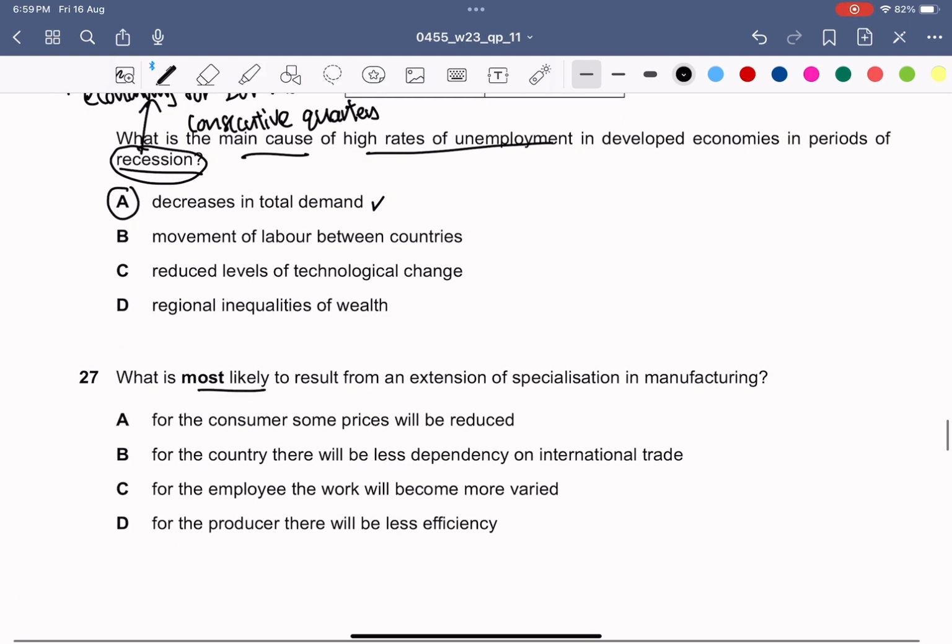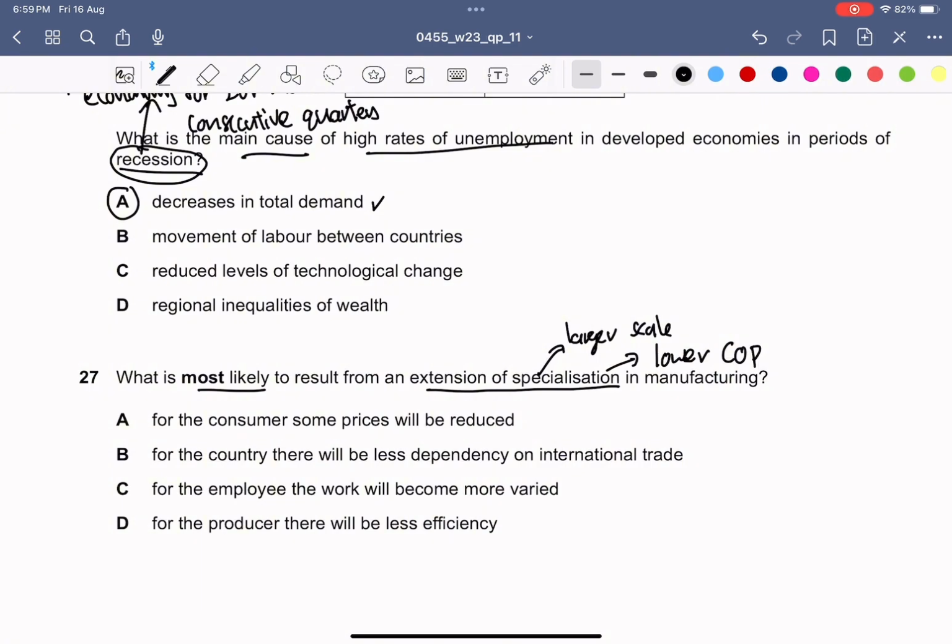What is most likely to result from an extension of specialization in manufacturing? As specialization usually produces at a larger scale, there's lower average cost of production and higher economies of scale. So this allows the supplier to charge a lower price. So A is the correct answer.